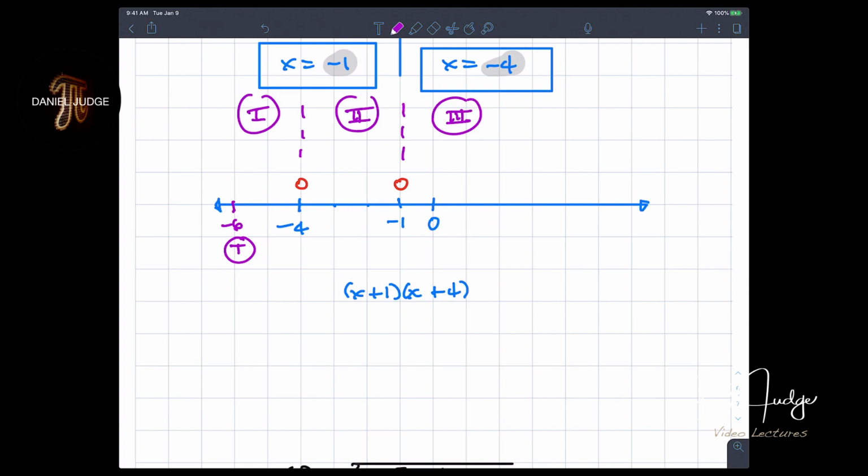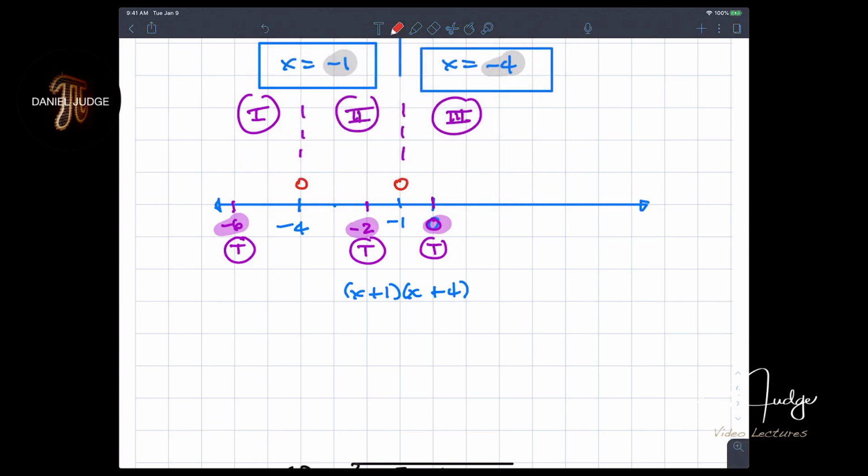We could have used negative 5. Maybe negative 2, clearly in region 2. And then my all-time favorite is 0, because arithmetic with 0 is the easiest arithmetic to do. So these are my particular favorite test points. I'm going to test negative 6, negative 2, and 0. I'm going to test every region.